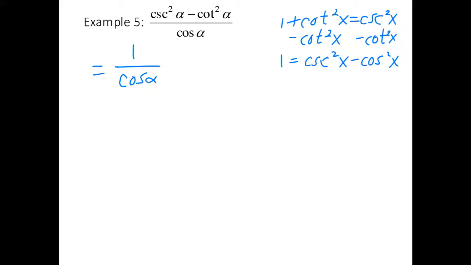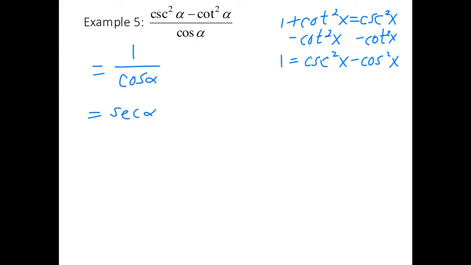And we've seen this one now a couple times. 1 over cosine of alpha, we can use our reciprocal identity to simplify it one step further, and we just get secant x. Now, if you would have converted to sines and cosines straight out the gate, would you still have arrived at secant of alpha? Absolutely. Would it have taken a lot more steps?